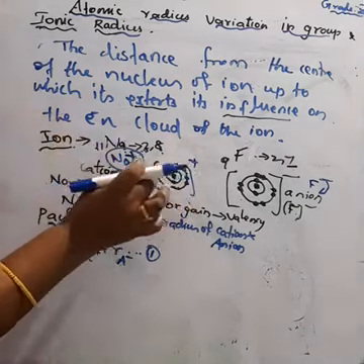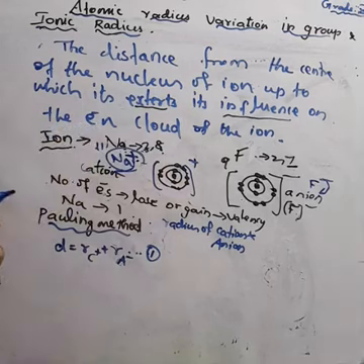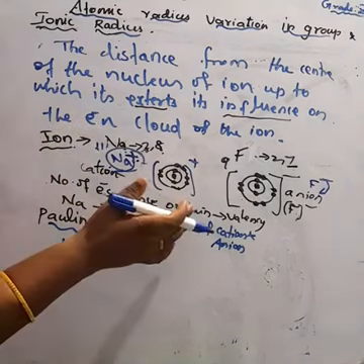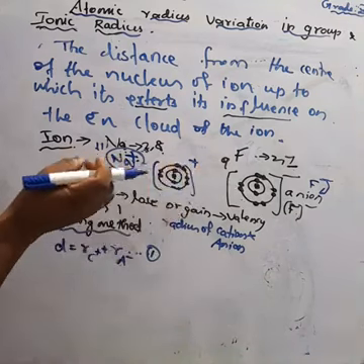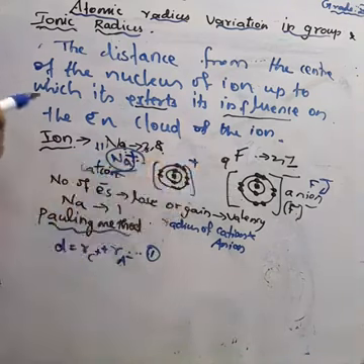When the nucleus attracts the electrons with very high force, the radius of the cation will be low. Understood?